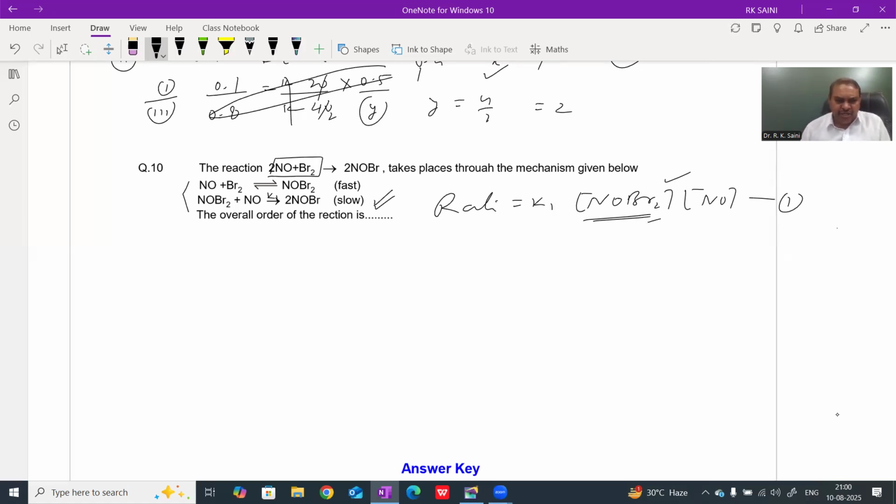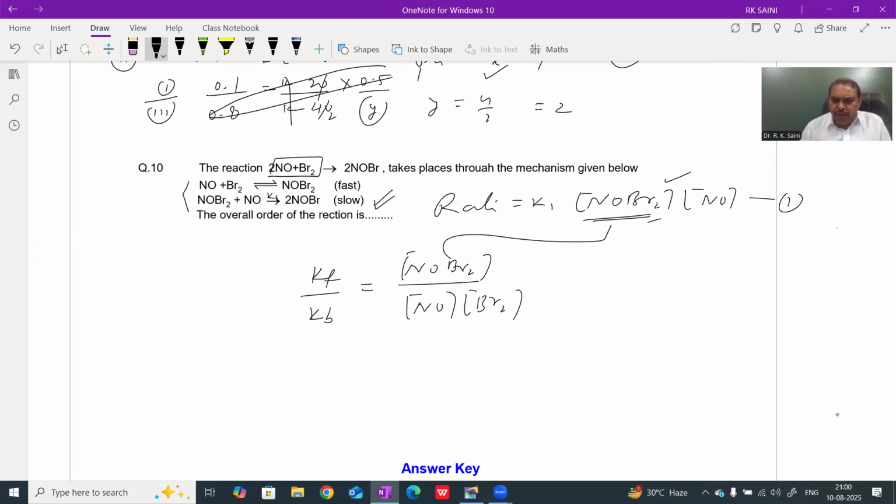For example, in step first, the rate constant for the forward reaction and the rate constant of the backward reaction, according to the law of mass action, equal the concentration of NOBr2 in terms of the concentration of NO and the concentration of Br2.